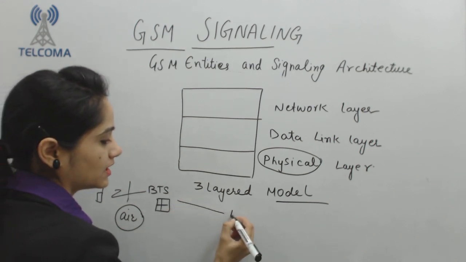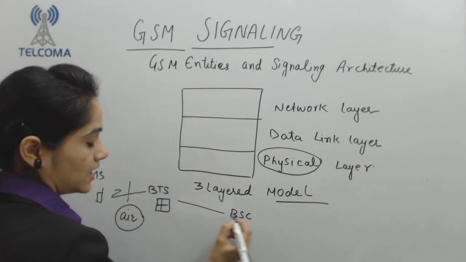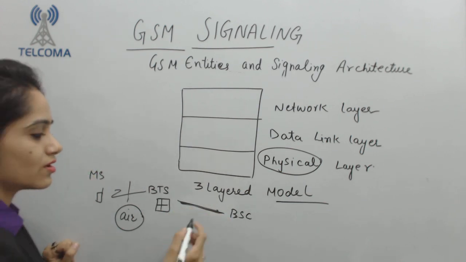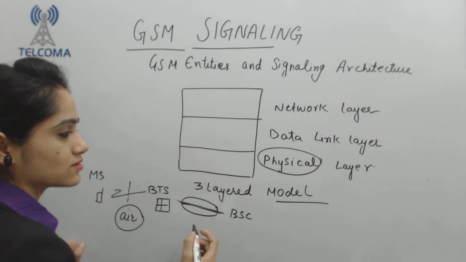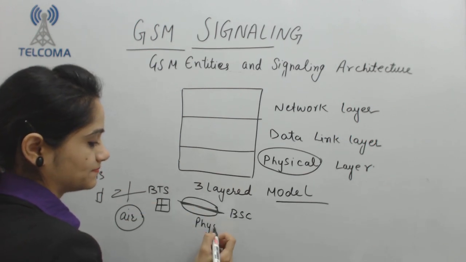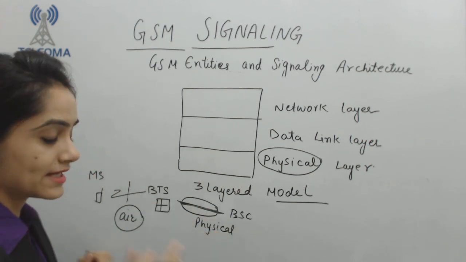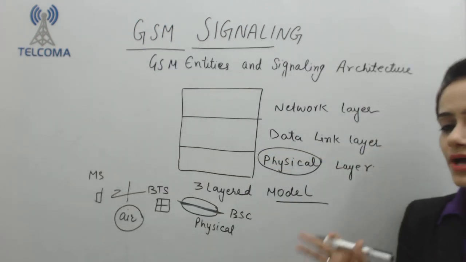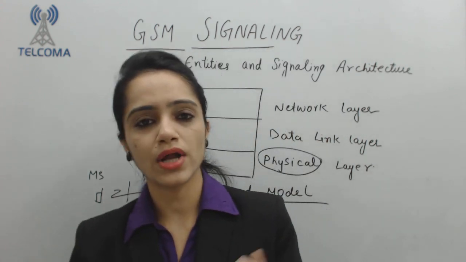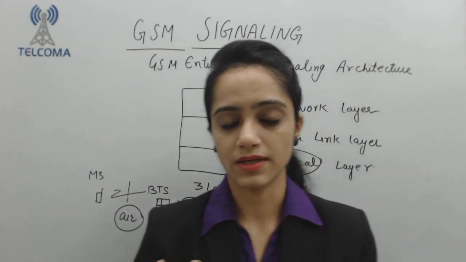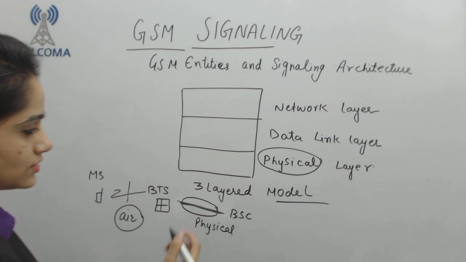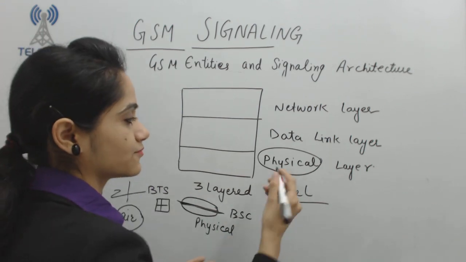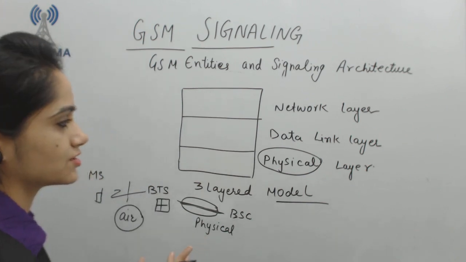If I compare this with the BSC, I am connected with a line or a wire. So this wire media is also a physical layer. So my physical layer could be wired or wireless, both. So our physical layer is providing a media to communicate.